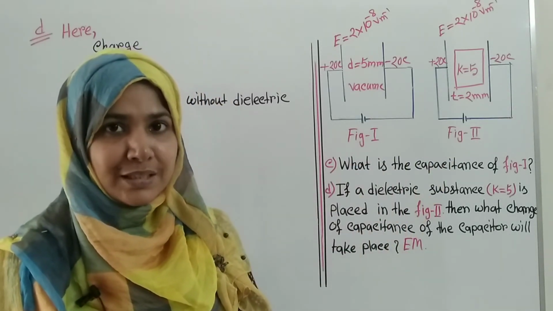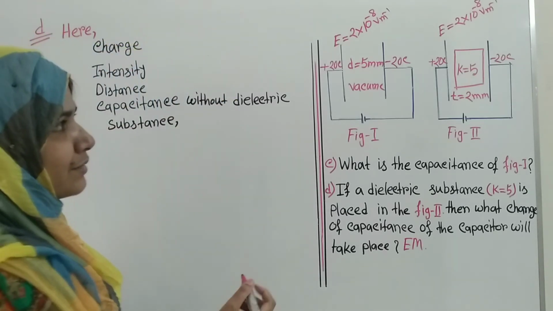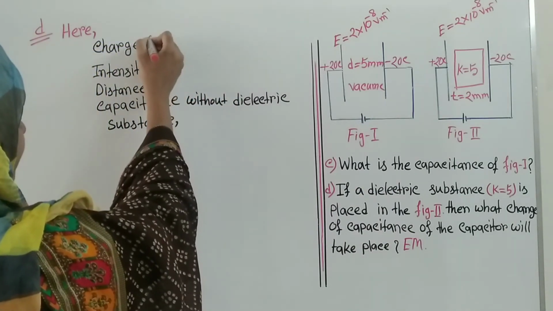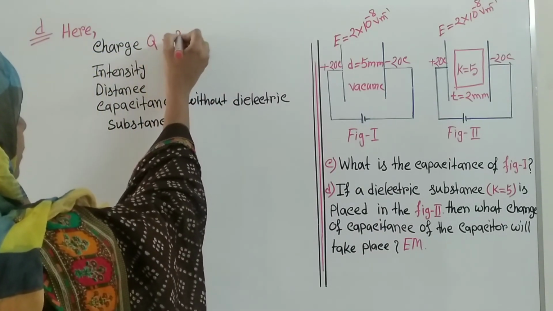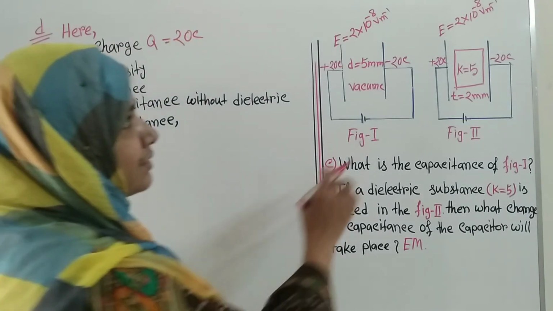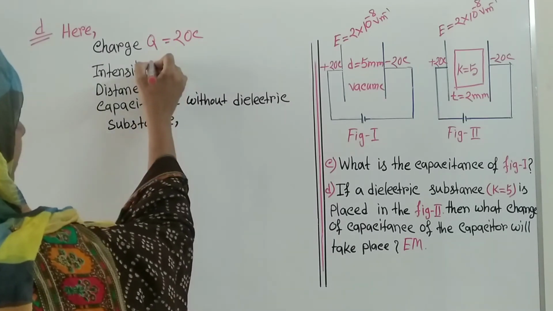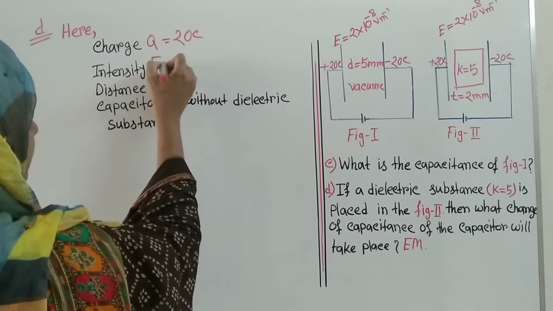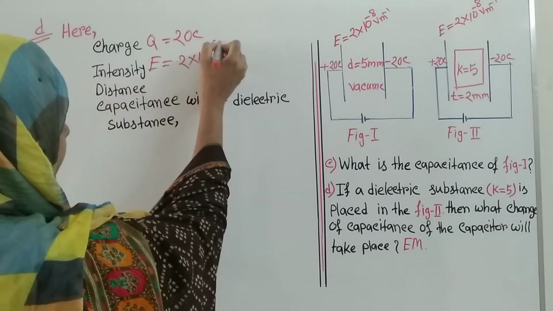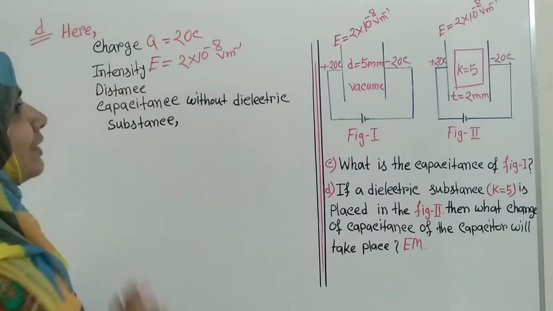So for question D, the given informations are charge. Here you can see that charge is given here 20 coulomb. So we can write that the value of Q is 20 coulomb. Now intensity is given 2 into 10 inverse 8 volt per meter. So the value of E is 2 into 10 to the power minus 8 volt per meter. Now the distance.